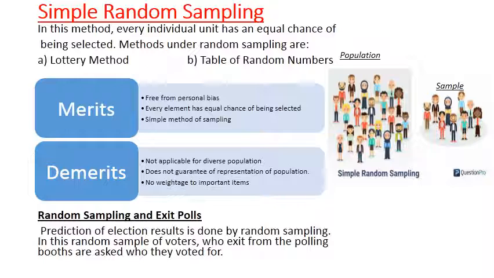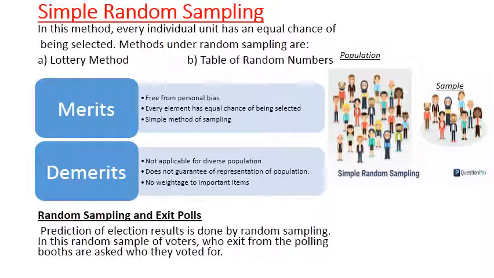But there is a possibility that the weak students in the class are not selected in that sample, or questions were not asked of them. That is what I mean to say. It does not guarantee the representation of the population. There is no weightage to important items.